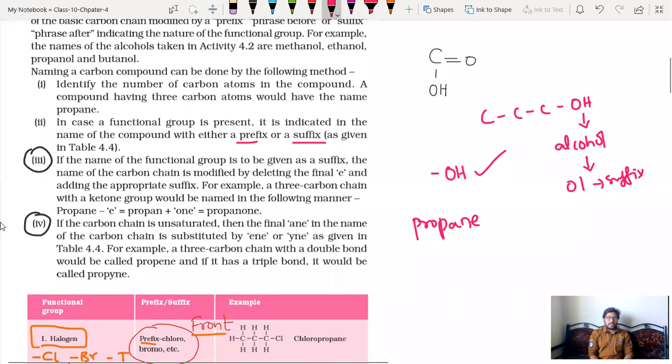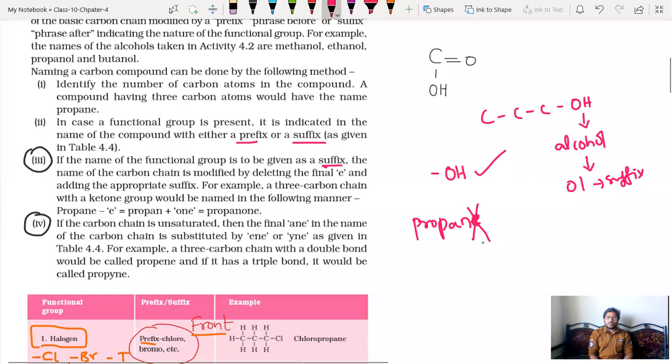Okay. If the name of the functional group is to be given as suffix, then what to do? The name of the carbon chain, propane, is modified. How is it modified? By deleting the final E. You can see the PROPANE spelling. The final E is there, right?